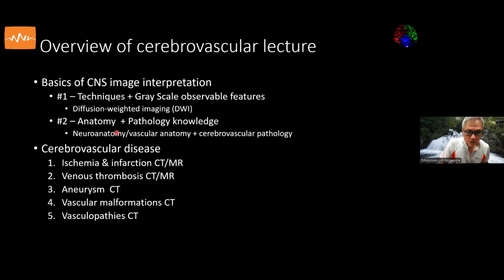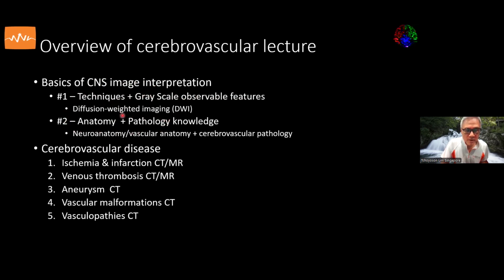So today's lecture, I hope to go through some of the cerebrovascular diseases that we will come across. But first, I will try to segue into the basics of image interpretation and then drill into CNS diseases. Before that, we will talk about some of the techniques and the grayscale features that radiologists use to make diagnosis.